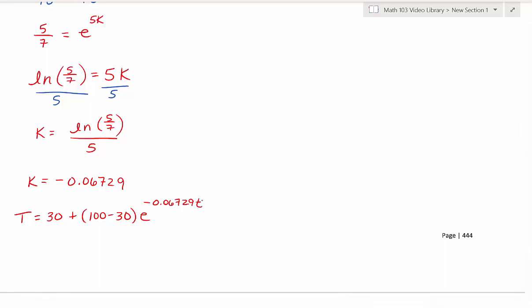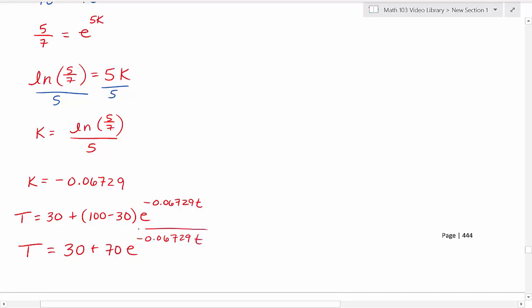What's varying for us is the final temperature and the time. Now we can clean this up a little bit. Let's subtract what we have inside the parentheses, and we get the equation T equals 30 plus 70 times e to the negative 0.06729 t power. We will use this equation to answer the questions posed in Part B and in Part C.